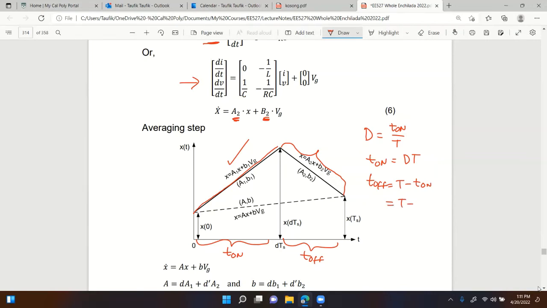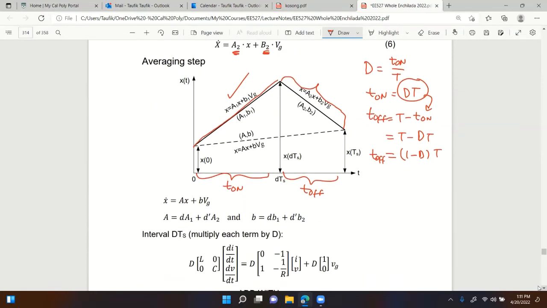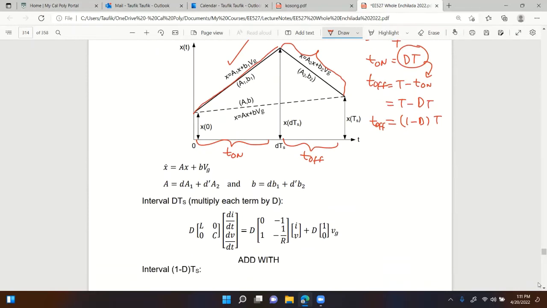T on is dT, so therefore, 1 minus D times T for T off, right? Since we're averaging, we have to average it by the entire period, so the T should disappear, because you divide by T.